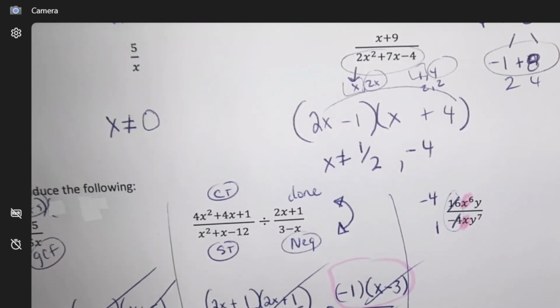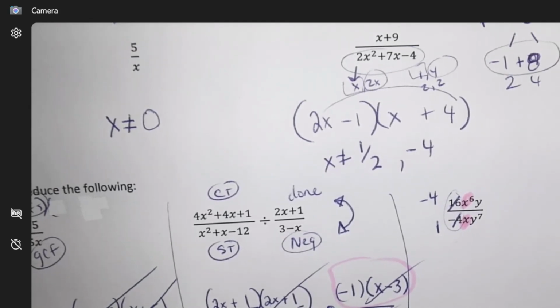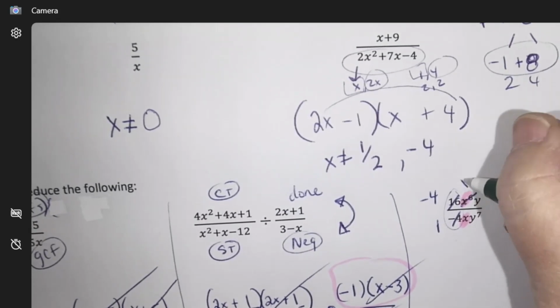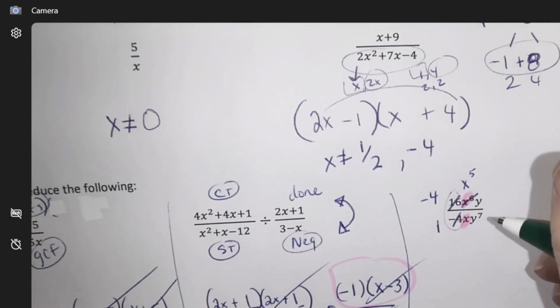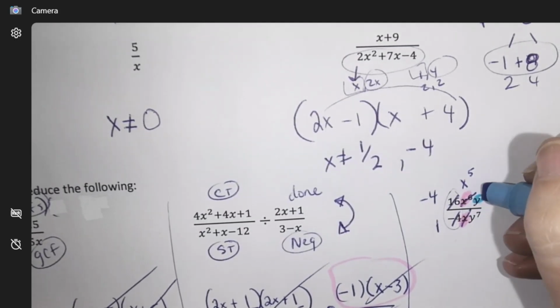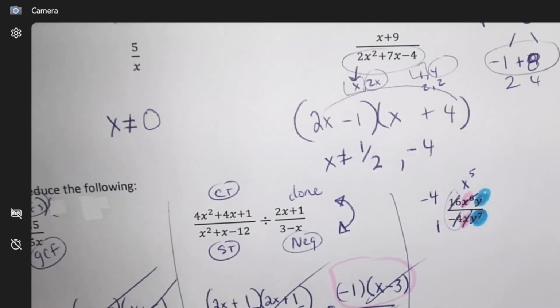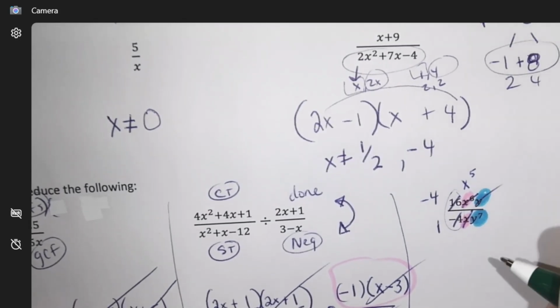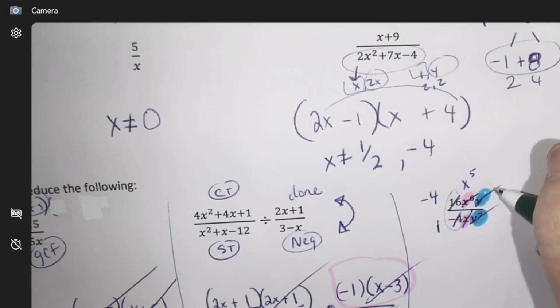We're going to look at just the x's. There's an x6 and an x, so those could both be divided by just an x. So this would become x5, and that would be gone, or 1, whatever. A y and a y7, so I'm going to divide by y, divide by y.